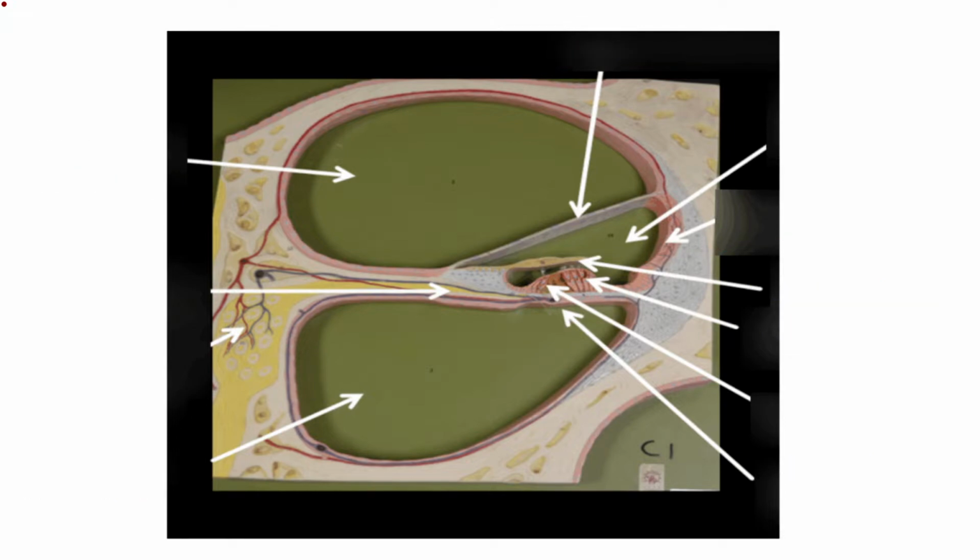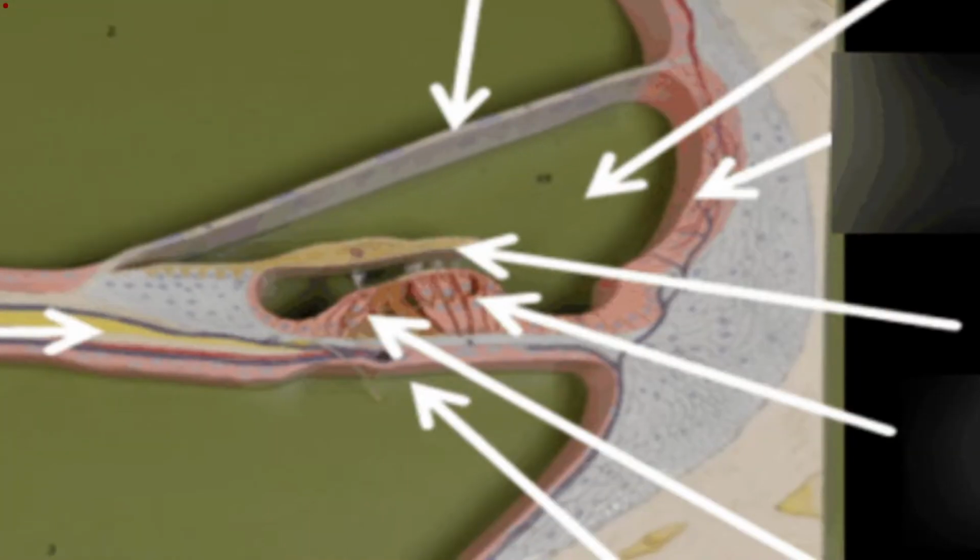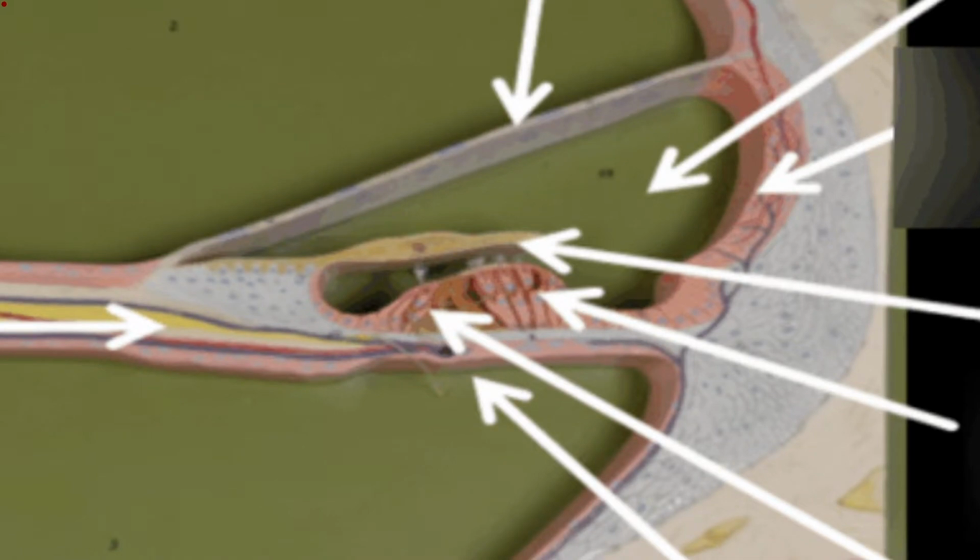Okay. Now let's zoom in on this organ of Corti. So we're going to come back and label a couple of things here. So down here is my basilar membrane.